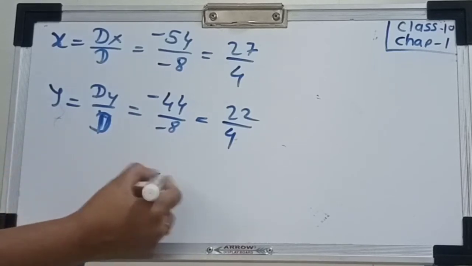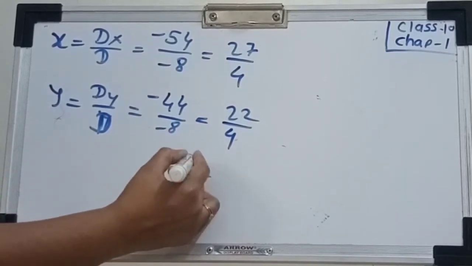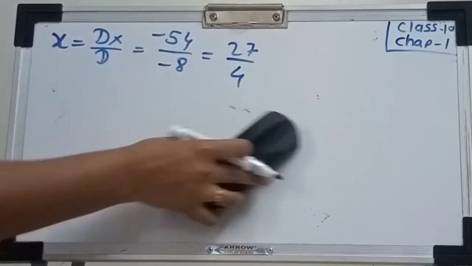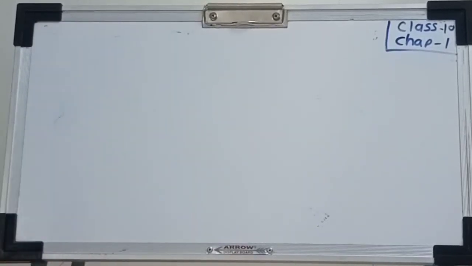Now we divide it by 2 also. 2 2s are 4, 2 11s are 22. Our solution is y is equal to 11 upon 2. The minus minus signs are cancelled here. Our solution, x is 27 upon 4 and y is equal to 11 by 2. This is the solution of our linear equation.